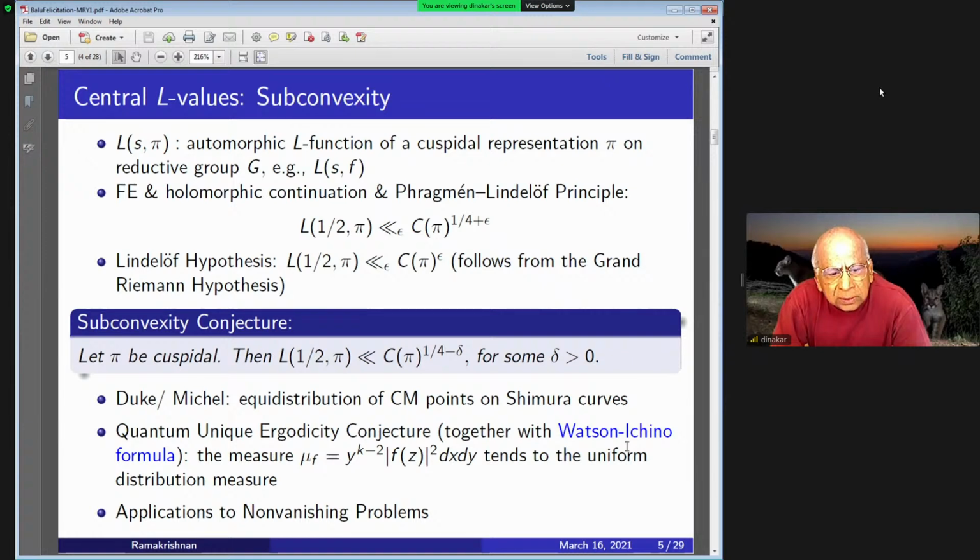so Lindelöf is too hard. So the subconvexity conjecture says that L(1/2, pi) is bounded by C(pi)^(1/4-delta) for some delta.